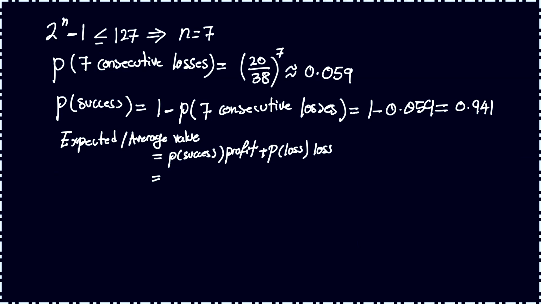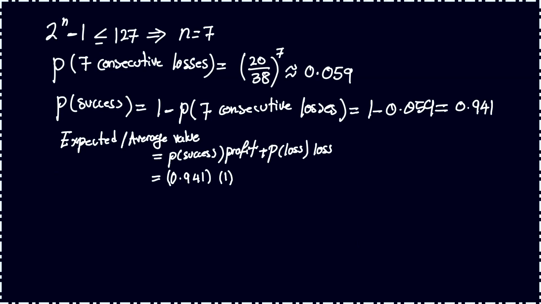And the probability of success, we just calculated it to be 0.941, okay, times the profit of 1. Keep in mind that if the gambler wins after n consecutive losses, the gambler is going to get a profit that is equal to the initial amount.